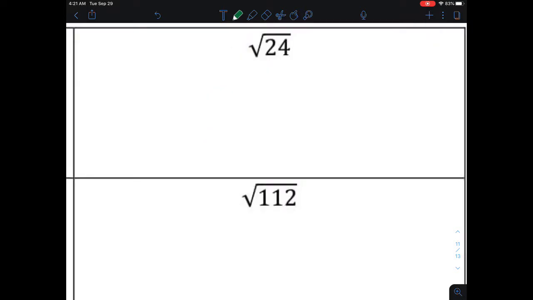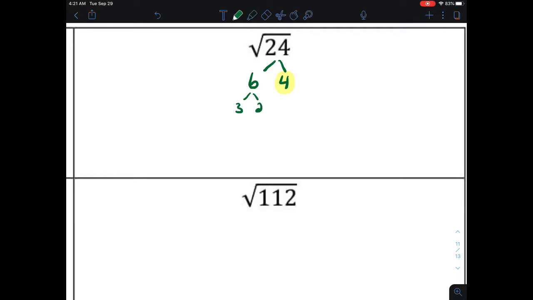Okay, now we're going to look at another number. So the square root of 24. I want to simplify that radical. All right, well, 24 is the product of 6 times 4. Now, 4 is a perfect square. We can take the square root of 4, but 6 is not. Now, 6 is 3 times 2, and I can't break that down any farther.